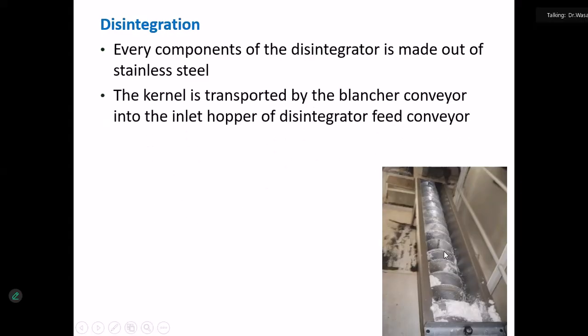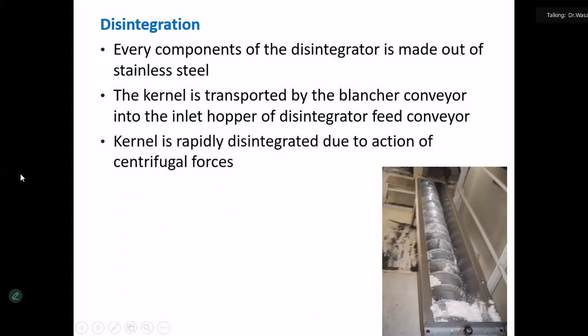The kernel is transported by the blancher into the inlet hopper of the feed. Now from the blancher, it is coming to the disintegrator. Then what happens? The kernel is rapidly disintegrated, within brackets, cut.